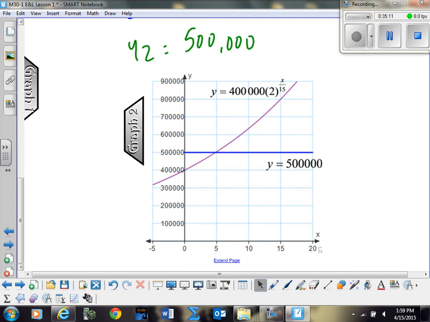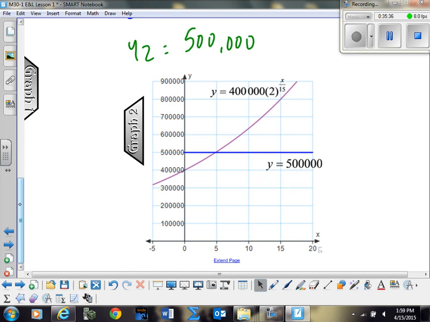This is your exponential graph with the 400,000 as your initial amount. This intersection point is going to tell us how long in years it will take to reach 500,000. It looks like just short of 5 years, so 4 point something there.